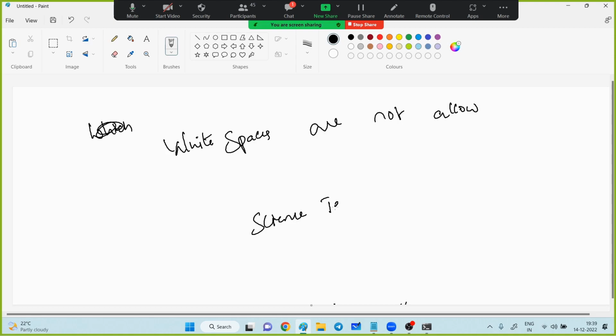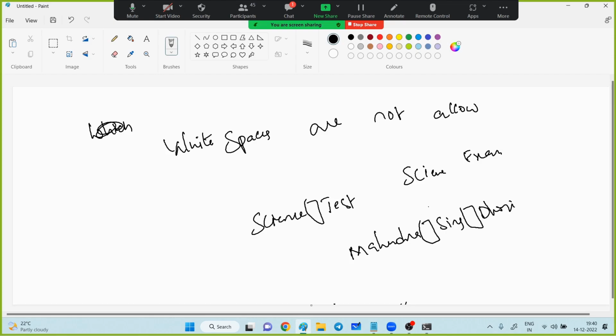Science one word, then test, you'll provide one space or not? Normally when you are writing in a notebook, science classwork, science exam, anything you take, you'll write science exam like this. Otherwise suppose you take Mahendra Singh Dhoni, Mahendra, then you'll give some space, then Singh, then Dhoni, correct? These are all called white spaces. It is not allowed in Java.